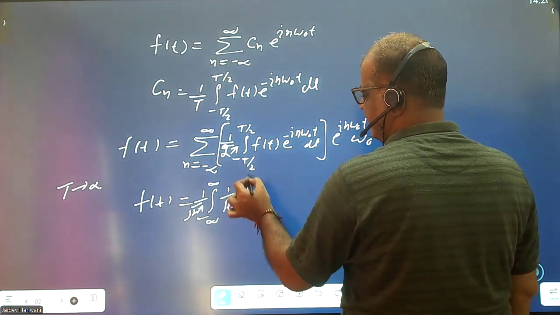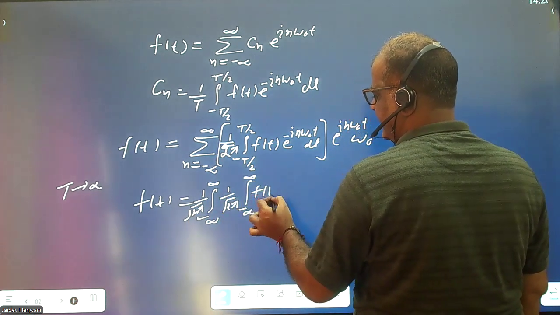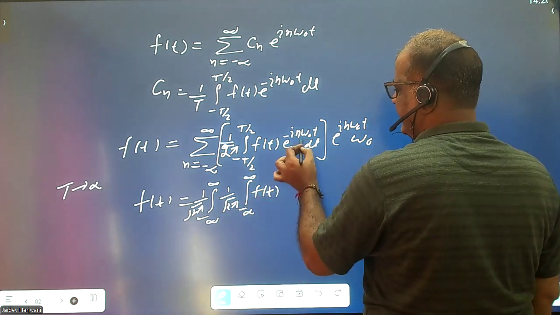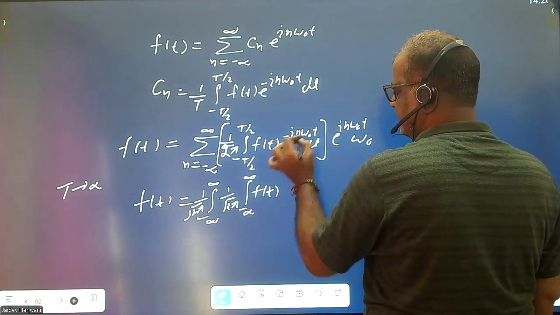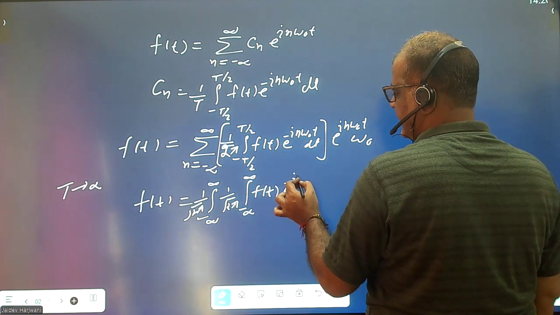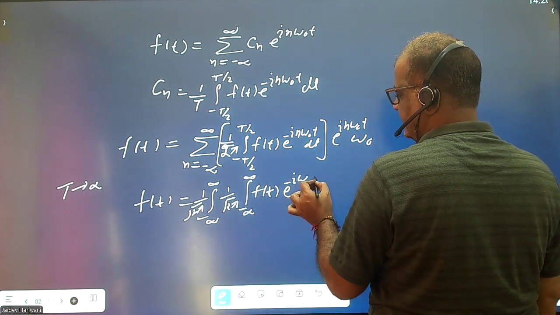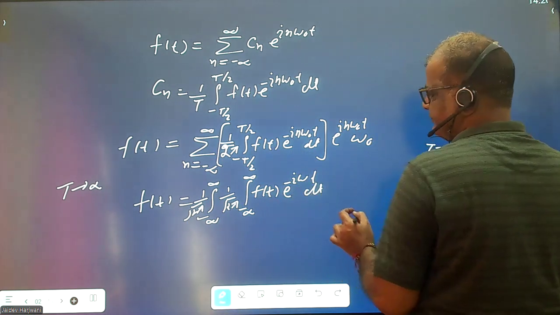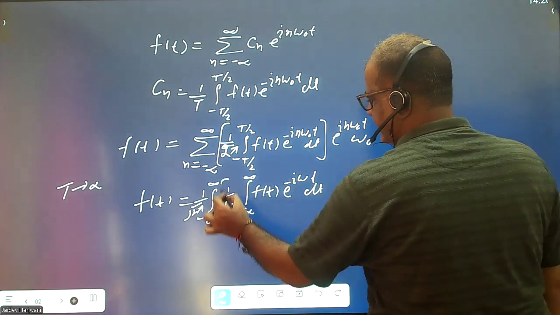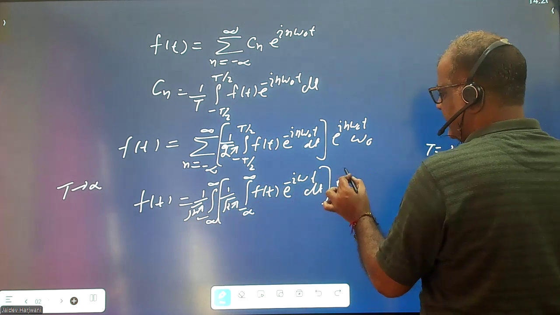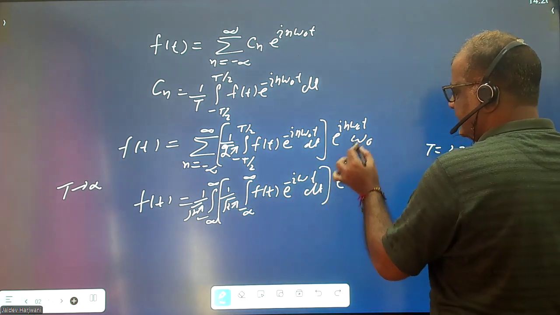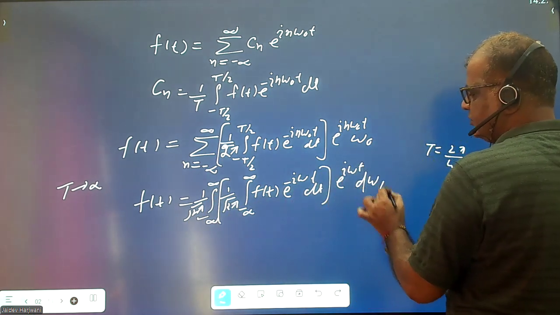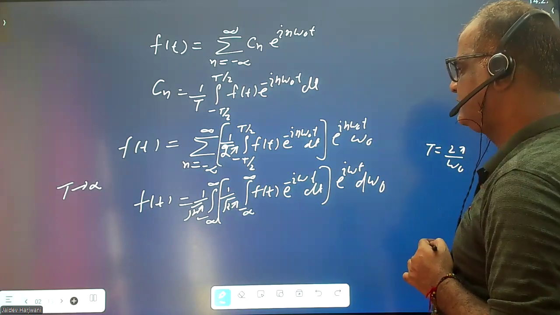The limits become minus infinity to infinity. So this becomes f(t). And when T is infinite, this becomes continuous. So I replace n omega 0 by omega, and this becomes d omega, the continuous difference.